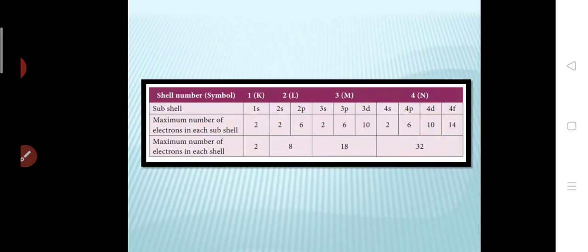This was based on the 2n² formula. The shells also have subshells. The K shell has the 1s subshell, L has 2 subshells, 2s and 2p, and the M shell has 3 subshells, 3s, 3p, 3d, and the electrons are split as 2, 6 and 10, which add up to 18. The fourth shell, the N shell, is split into 4 subshells: 4s, 4p, 4d and 4f.